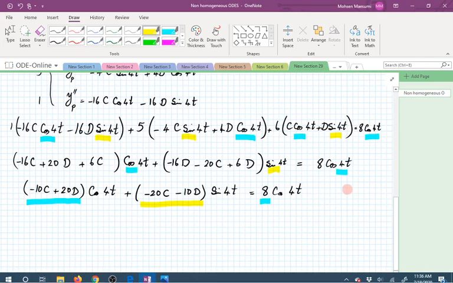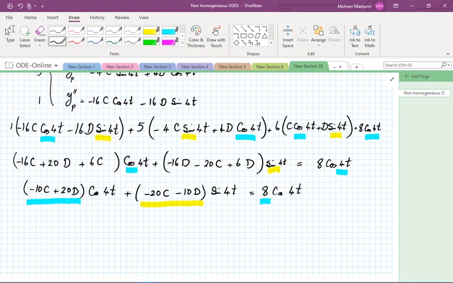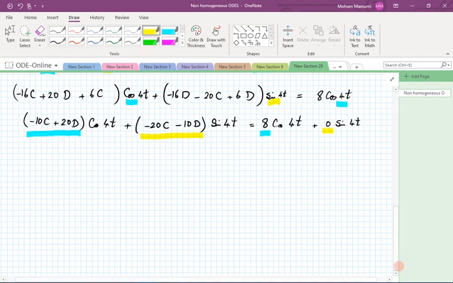Of course, on the right-hand side, I don't have any sine. So if you want to be pushing it, you can say, well, I have 0 sine of 4t here, and that yellow has to match this yellow. So now I have two equations: minus 10c plus 20d is equal to 8, and the other one is minus 20c minus 10d, and the right-hand side became 0.